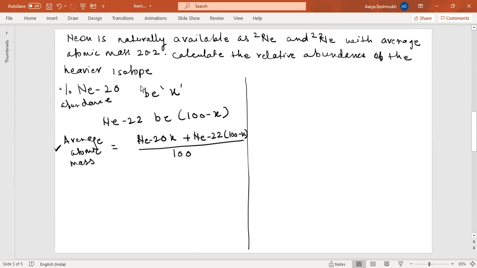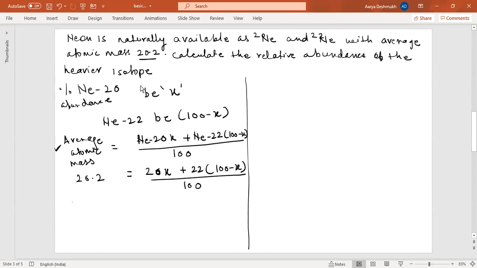The value for this average atomic mass is given, that is 20.2. So you just substitute here 20.2 equals to now 20 into x, this is for neon 20, plus 22 into 100 minus x divided by 100.